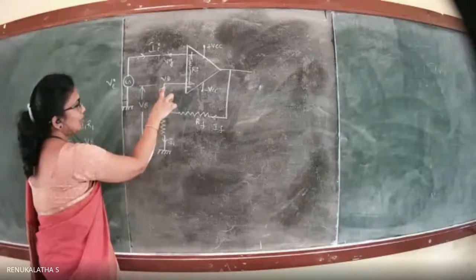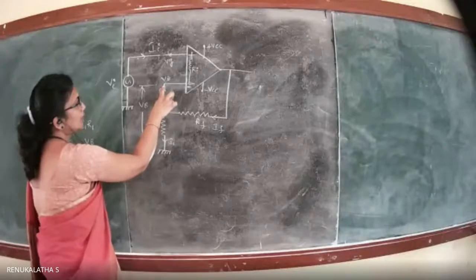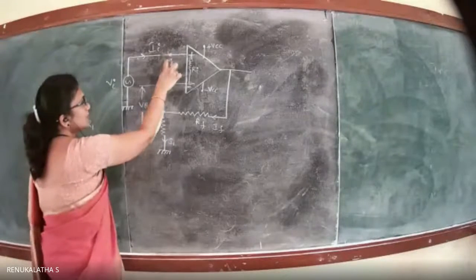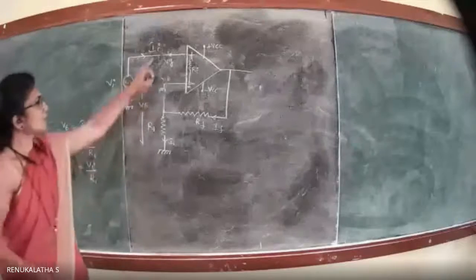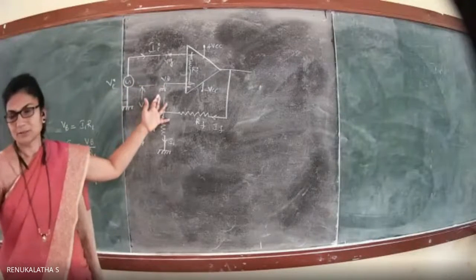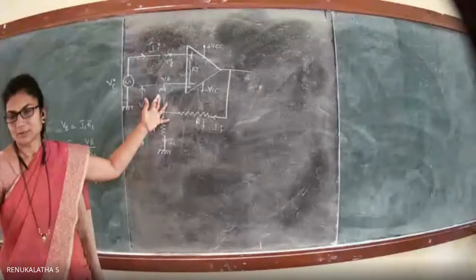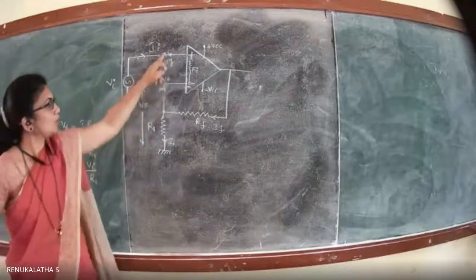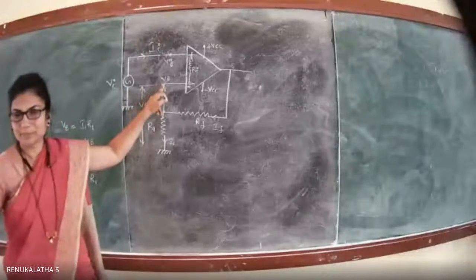So we made VG also equal to ground. What was the main concept for making both the voltages the same?